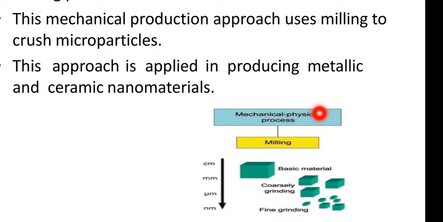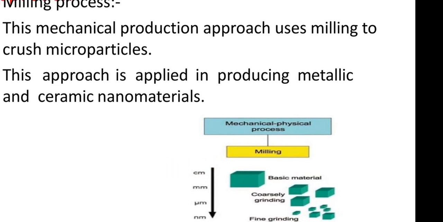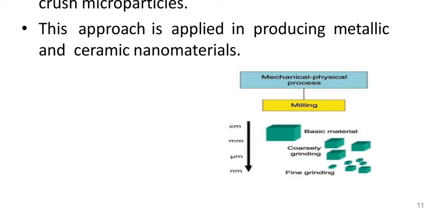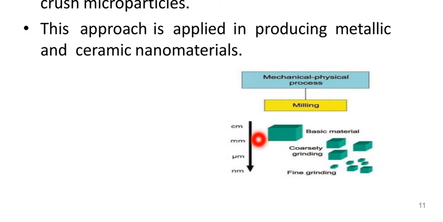From the diagram only you can get the idea. Mechanical milling process: first the particle size is in centimeter, then after crushing it is converted to millimeter, then micrometer and nanometer.